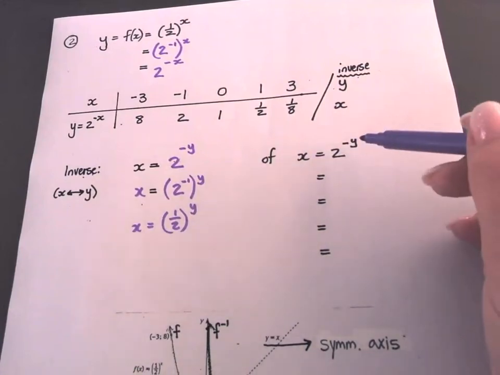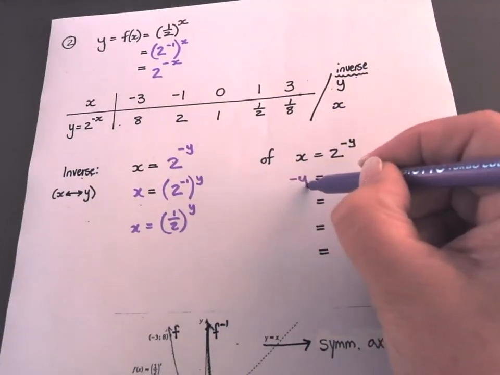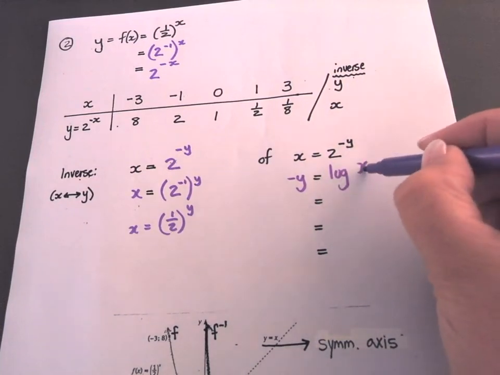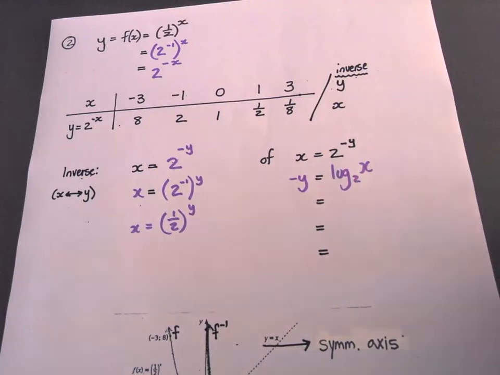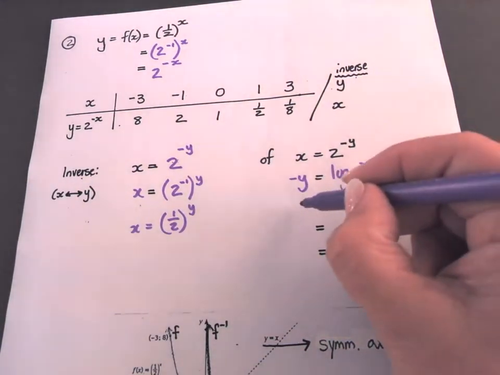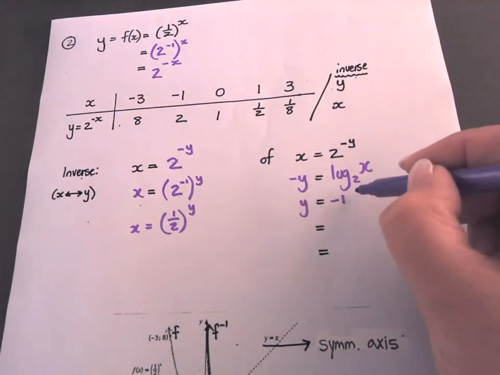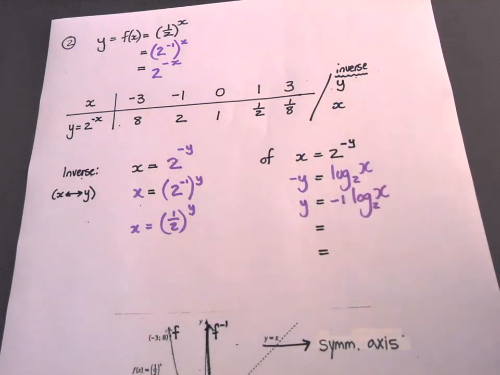Or you can do it with the logarithms. Minus y equals the log of x base 2. But I want a positive y, so I divide both sides by minus 1. y will be minus 1 times the log of x base 2.